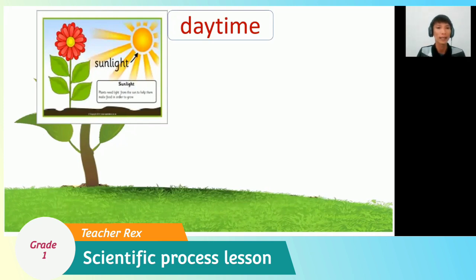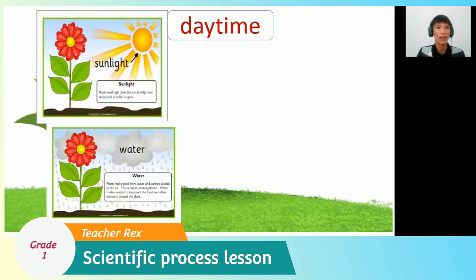So when we say sunlight, plants need sunlight, right? Plants need light from the sun to help them make food in order to grow. So all of the living things need sunlight.